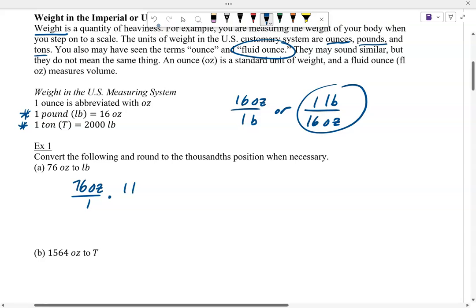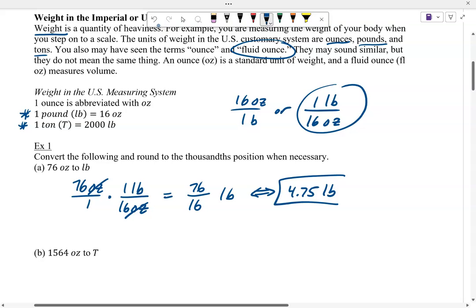We're going to pick 1 pound for every 16 ounces so that our ounces cancel. Then we get 76 times 1 over 1 times 16. This is in pounds. I'm going to punch that in, and I'll get 4.75 pounds.